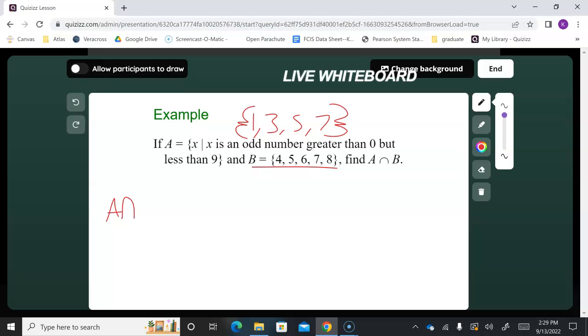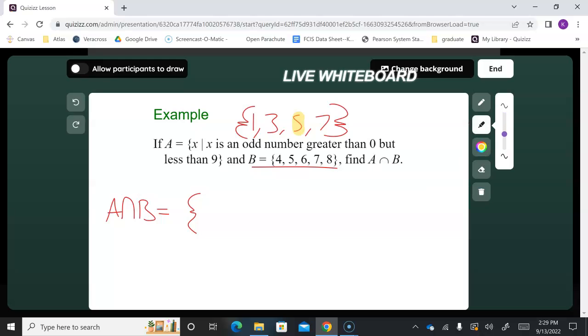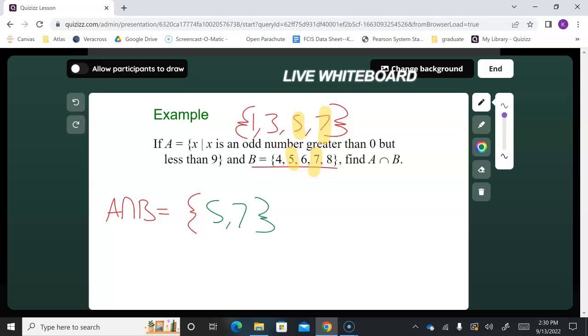The intersection of set A and B is what numbers are in both sets. 5 and 7 are in both sets. So our intersection is 5 and 7, where they overlap.